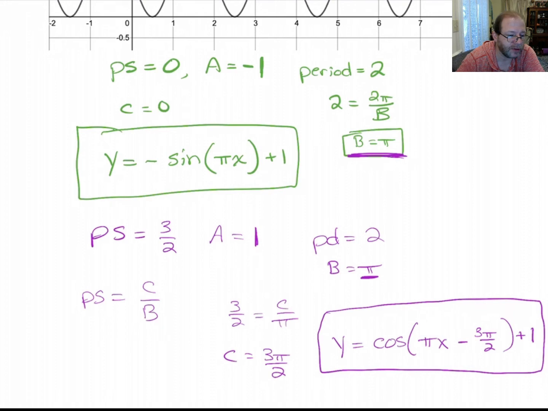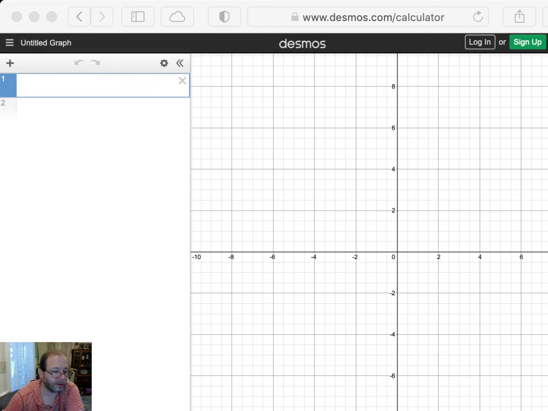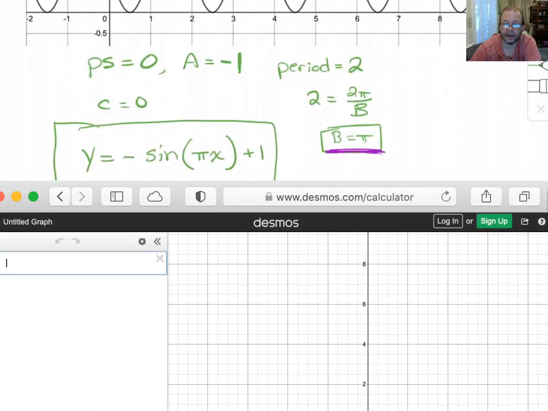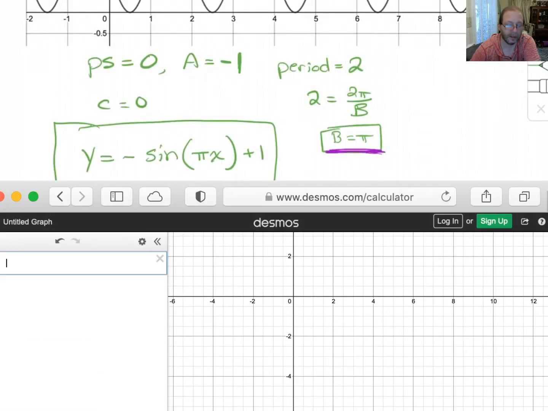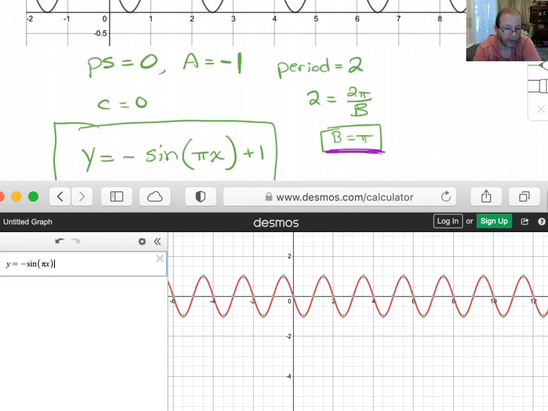All right, let's graph both of these and first off see if they're the same, and then see if they match the graph that's over there. So this first one, let me actually give it a name, y equals minus sine pi x plus 1.